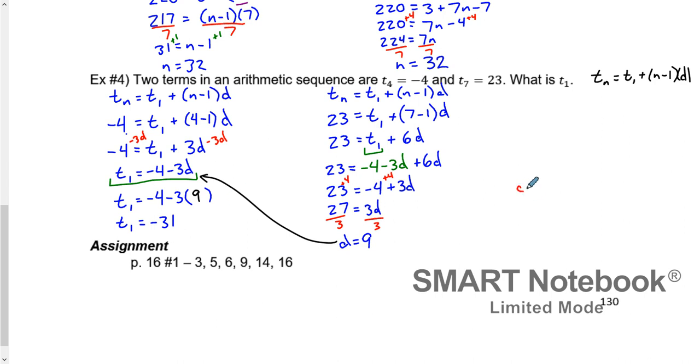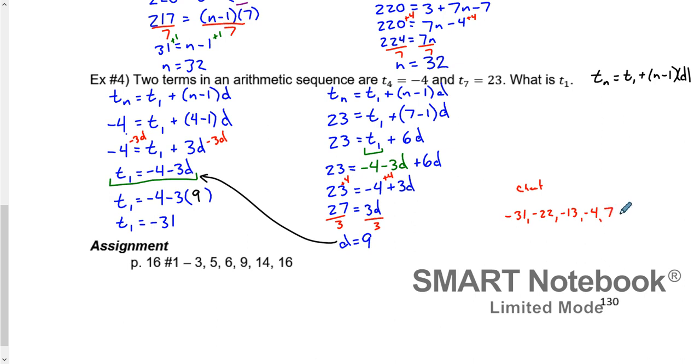So just as a nice little check, because we can actually do this relatively well, if our first number is -31 and our difference is 9, that means our next number will be -22, then -13. The differences are just going to be adding it. -4. Oh, there's term 4. Add 9 more.